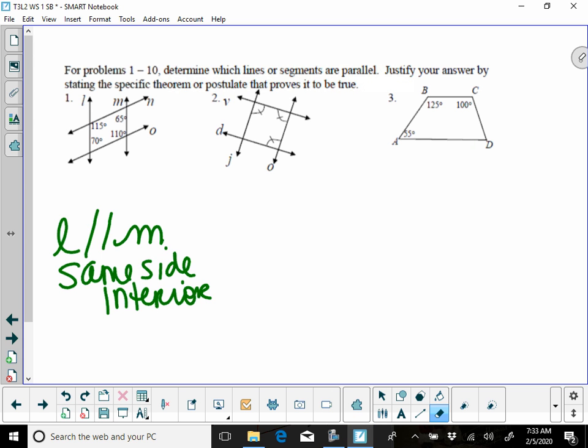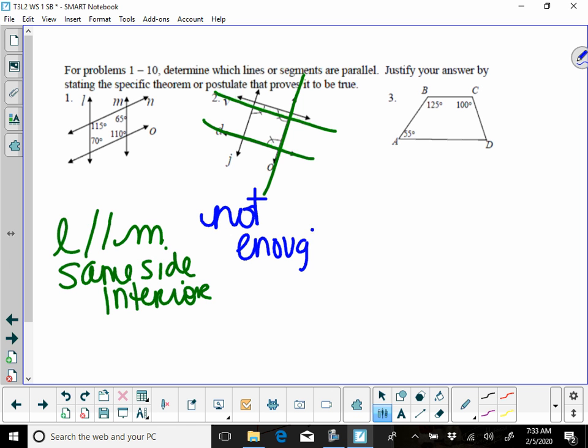If you look at line D and line V, and you use the transversal here, again you have that they're congruent, but you don't know what their values are. So we have not enough information to conclude that for any of these.